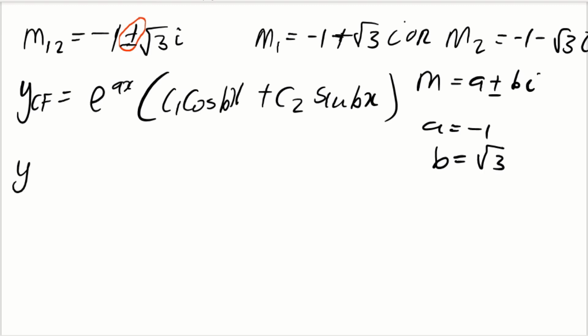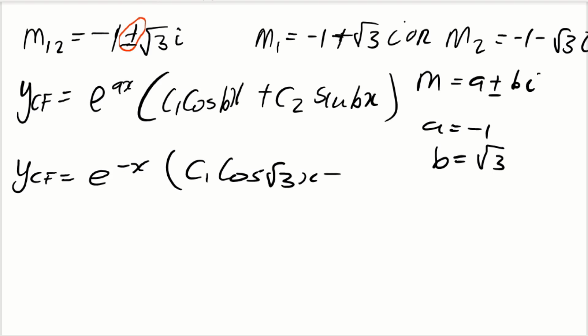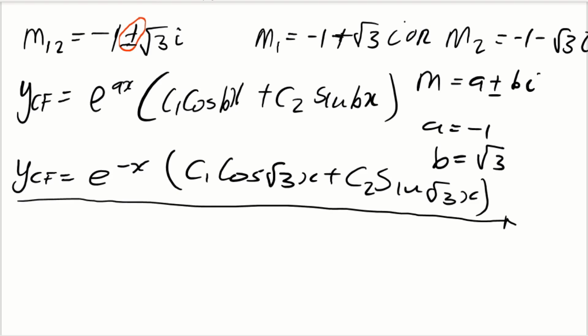So you're going to say y CF equals e to the power of minus 1, which is your a, to the power of x, then c1 cos root 3 x plus c2 sin root 3 x. So this is your final answer. This is how you find your answer when you have complex factors.